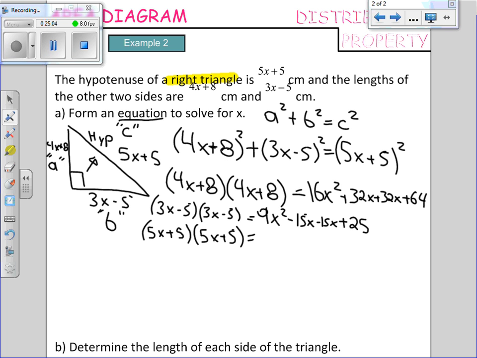Plus 34x? Where'd you get 34x? Oh wait, no, that's out. 25x plus 25x plus 25x plus 25.